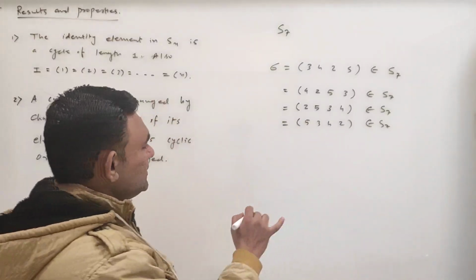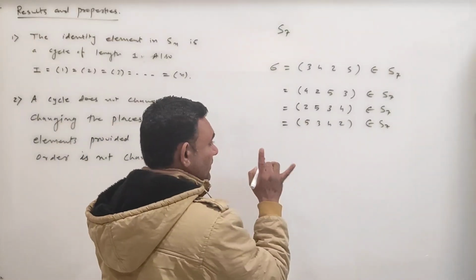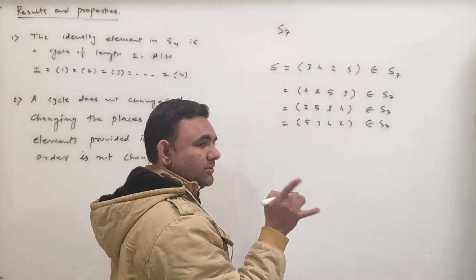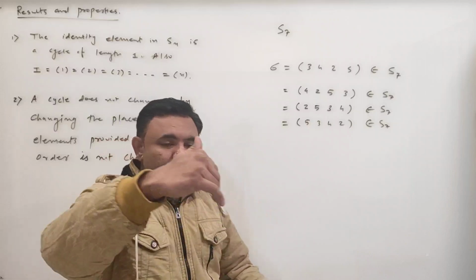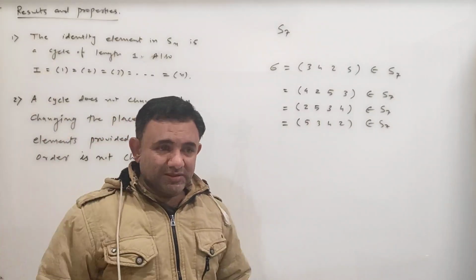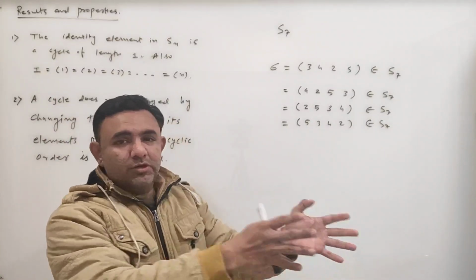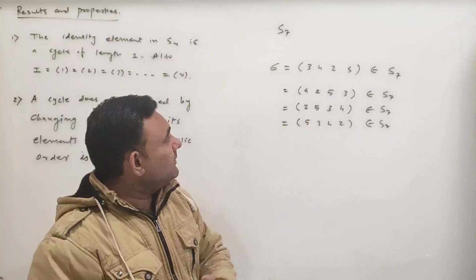So what is S7? It is a permutation. Permutation means it is a function, and it is a function from 1 2 3 4 5 6 7 to 1 2 3 4 5 6 7, or 7 objects to 7 objects in the same set.